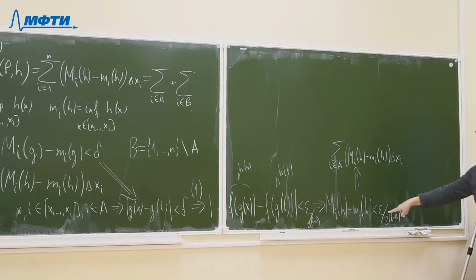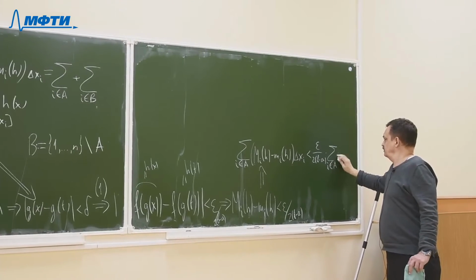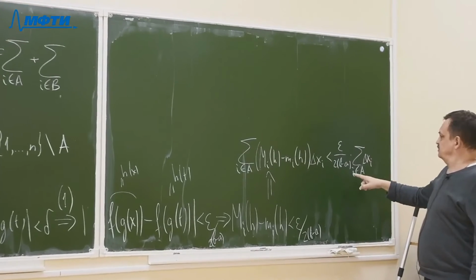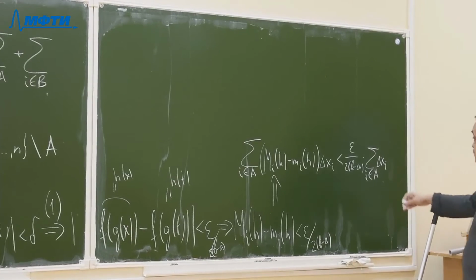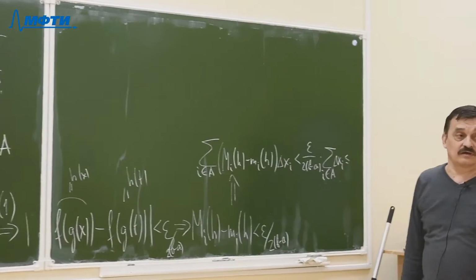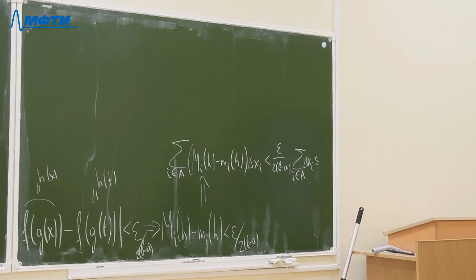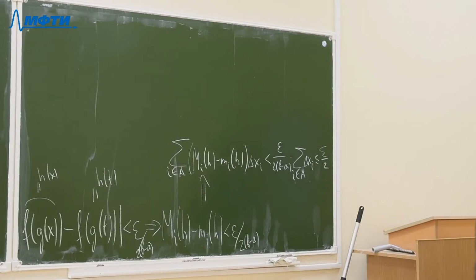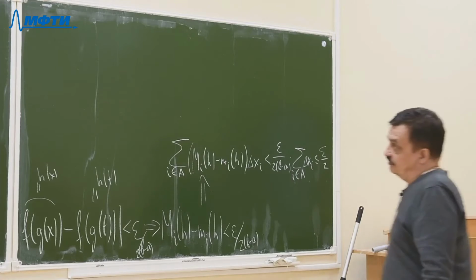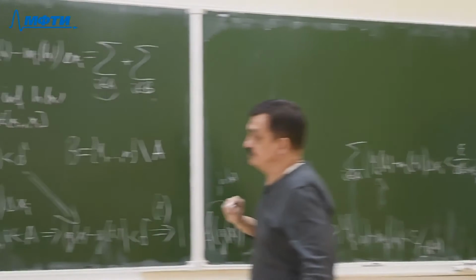Every term in brackets is less than epsilon over 2(b minus a), times the sum over i in A of delta x_i, and that sum of intervals is definitely less or equal to the length of the interval [a, b], so we obtain epsilon over 2.